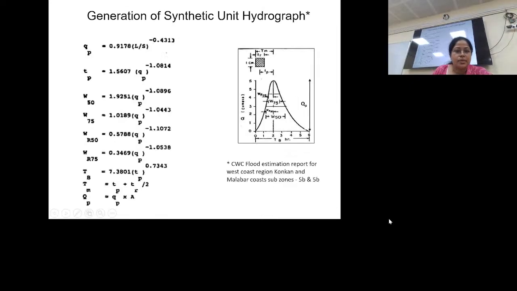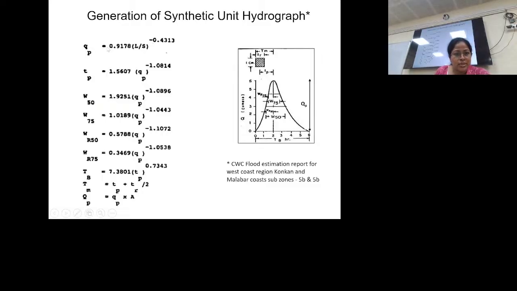Since this is a hydrometeorological approach, we first have to find out these parameters. These are actually points on the hydrograph. Except for the first and last points, these five points can be derived using these equations. We can see QP depends on L and S, that is, the length of the catchment and the slope of the catchment.